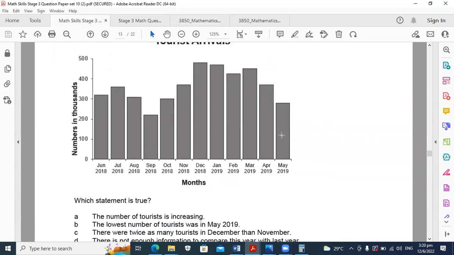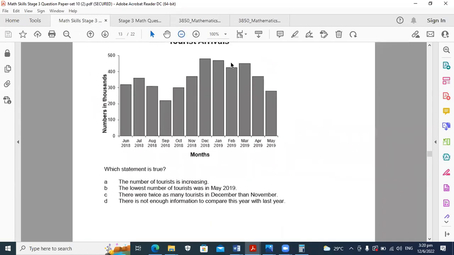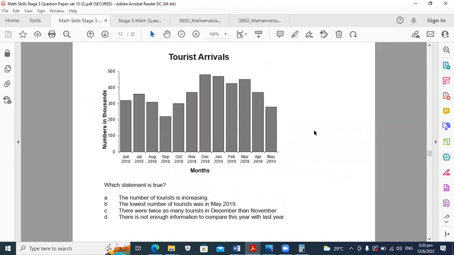All right, let's look at this one. I guess we can finish at 3:30. So you just have to read and interpret the graph carefully.